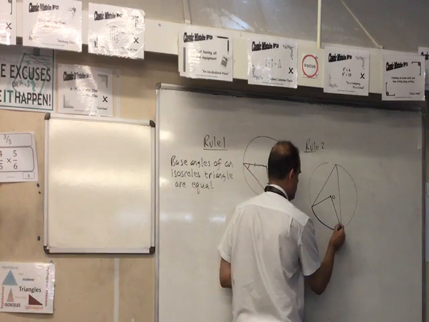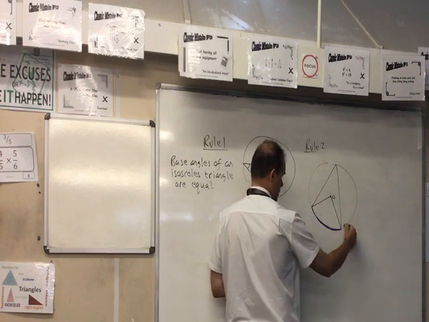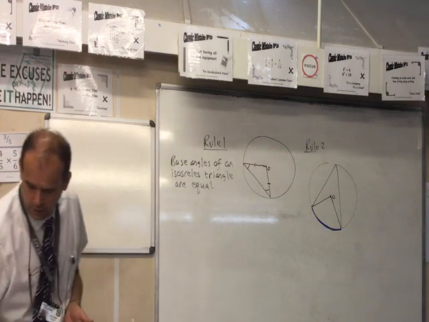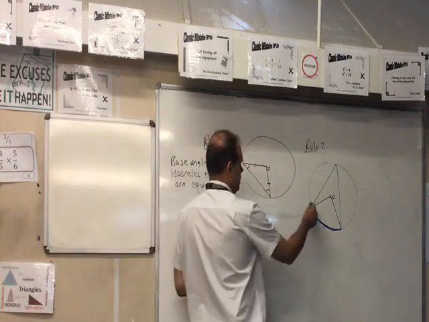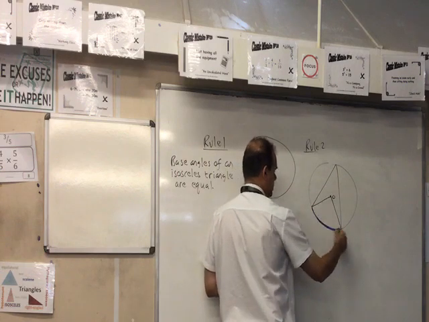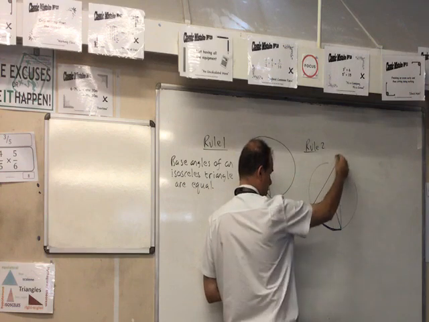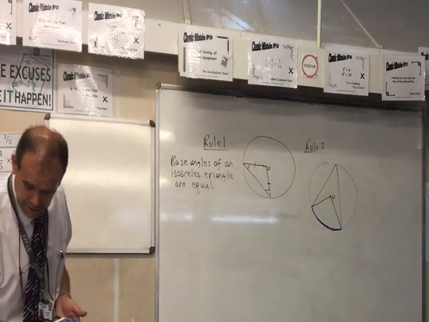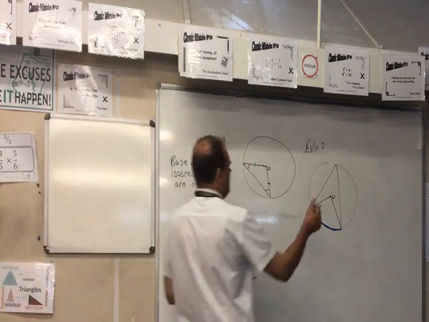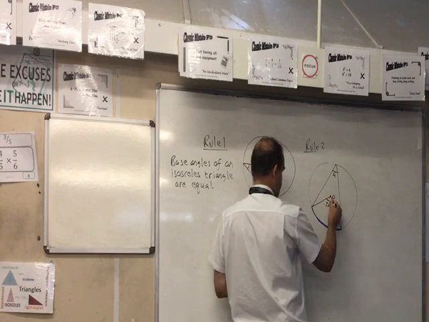We can see that arc, which is a chord there actually, is making an angle at the centre. But the same arc, the blue arc or the chord, from both ends is also making an angle at the circumference through these two chords. And the theorem states that if that angle there is A, then this angle here is 2A.